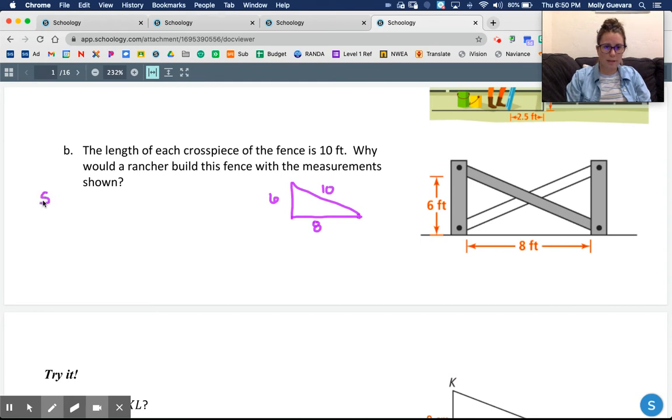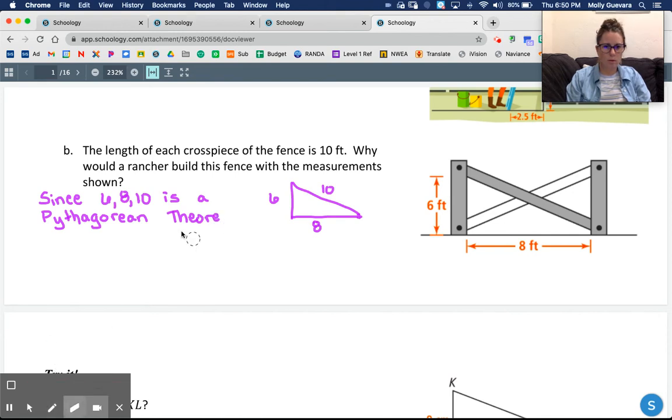So we can say since 6, 8, and 10 is a Pythagorean triple, this is a right triangle.